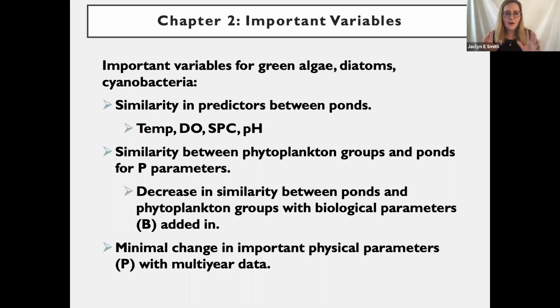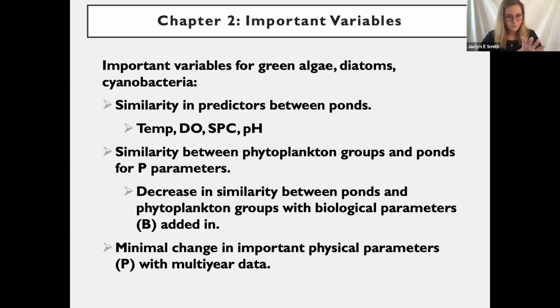The major output of a random forest are these important variables. For green algae, diatoms, and cyanobacteria, these important predictors were pretty similar between the ponds, the major ones being temperature, dissolved oxygen, conductance, as well as pH. And beyond that, there was similarity between the groups and the ponds for these physical parameters.